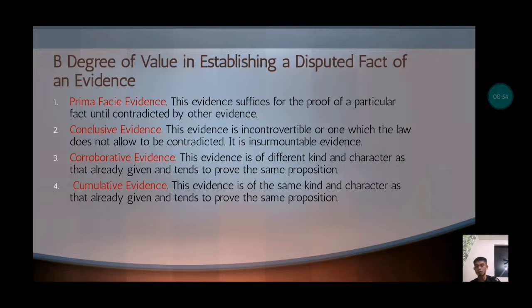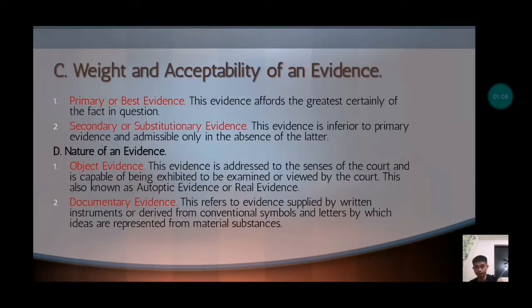And number 4 is cumulative evidence. This evidence is of the same kind and character as that already given and tends to prove the same proposition. The next is letter C, weight and acceptability of evidence.